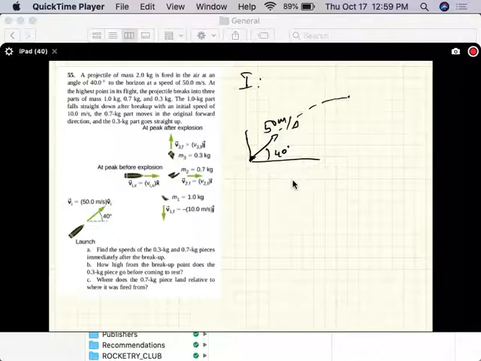The initial velocity is 50 cos 40 i plus 50 sin 40 j.